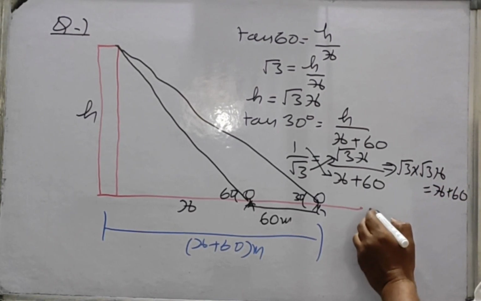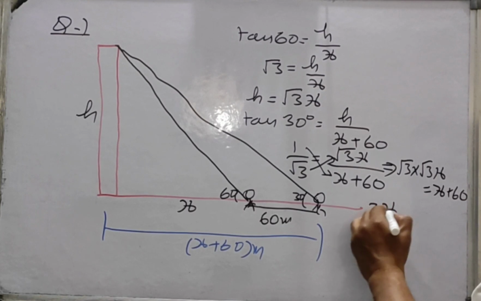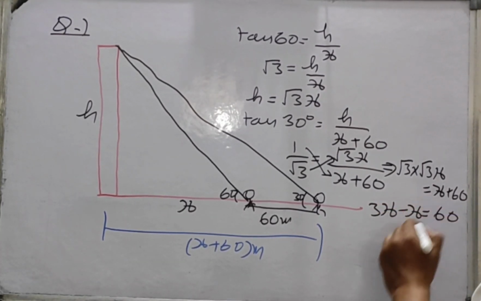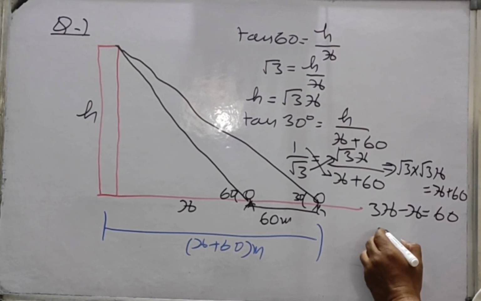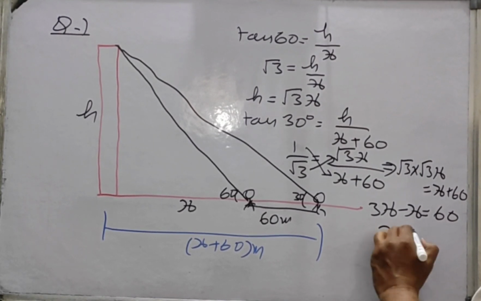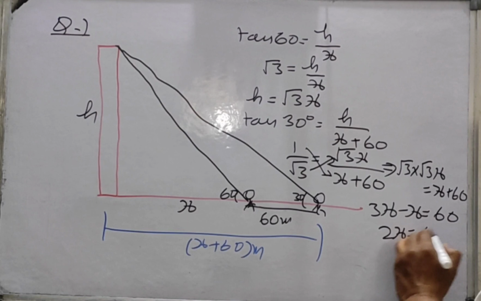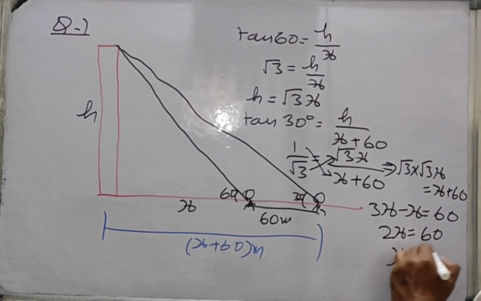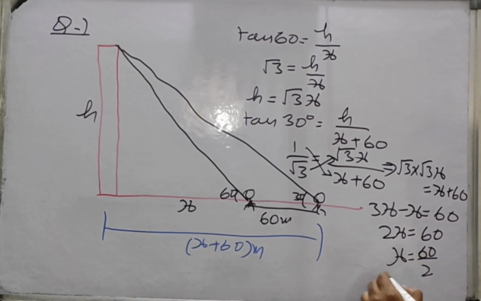So 3x minus x is equal to 60. So 2x is equal to 60, x is equal to 60 by 2, x is equal to 30 meters.